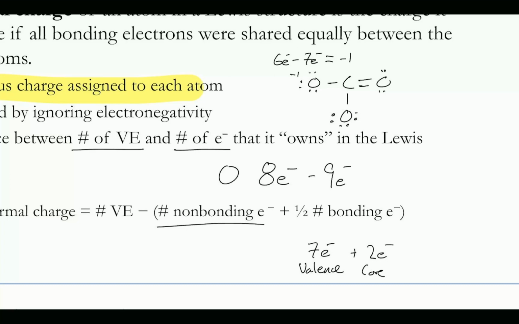So if oxygen's got 9 electrons in the structure, then it's got 1 more electron than it has protons, and that's where that -1 comes from.